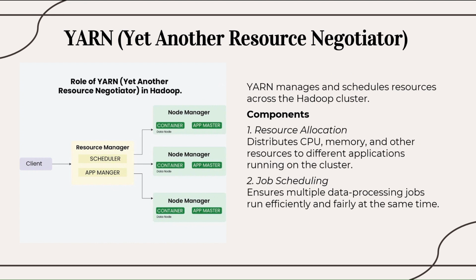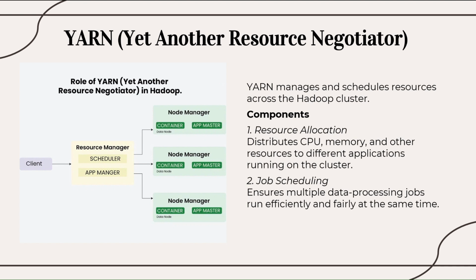Now that we know how data is processed, let's see how Hadoop manages all its computing resources using YARN, which is Yet Another Resource Negotiator. This is responsible for managing and scheduling cluster resources. It basically performs two main functions: resource allocation, which means it distributes CPU, memory, and other resources to the running jobs.